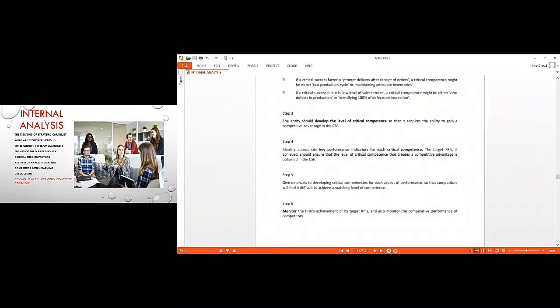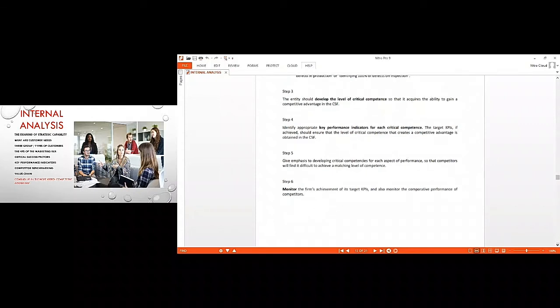Having done that, the next step is to develop the level of critical competence so that it acquires the ability to gain a competitive advantage. So now, having known critical competencies required, we must begin to develop ourselves in those areas.